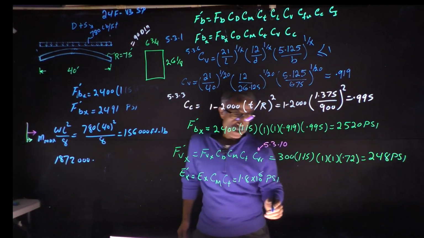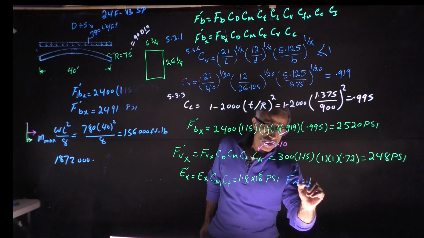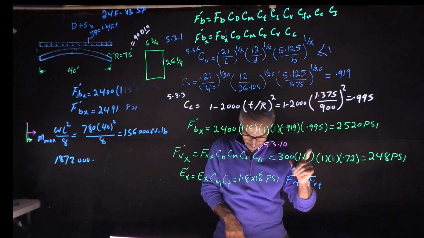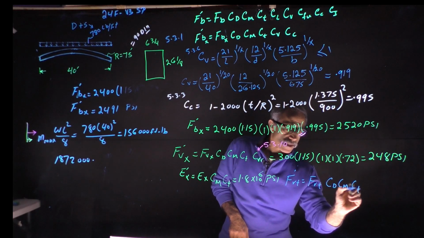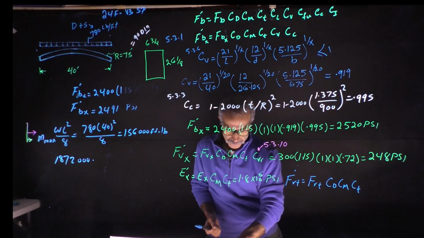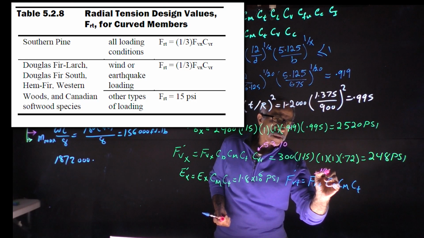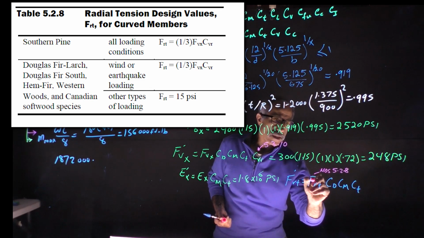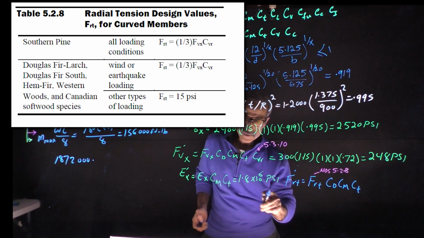So let's calculate the radial stress, which is F prime RT, and that's equal to FRT times the adjustment factors from the table, CD, CM, and CT. However, to calculate FRT, we use equation 5.2.8 in NDS.